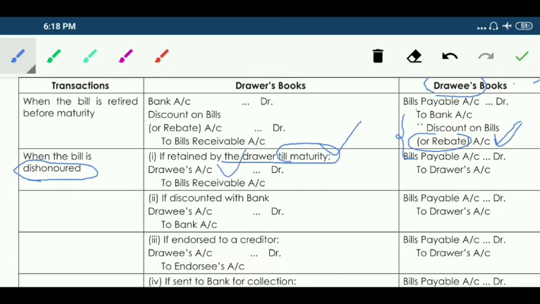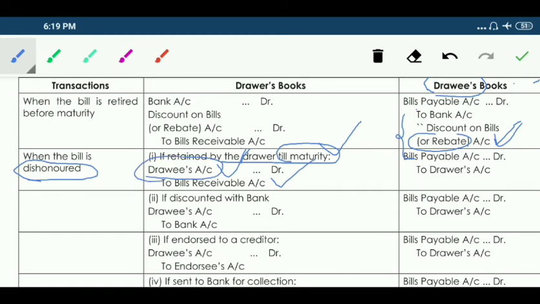That means the earlier entry, we cancel the debtor's account, so we debited the bills receivable account. Now again we create the bills receivable account and debit the drawer's account to increase the amount in the books of accounts. So this is the asset to the business.